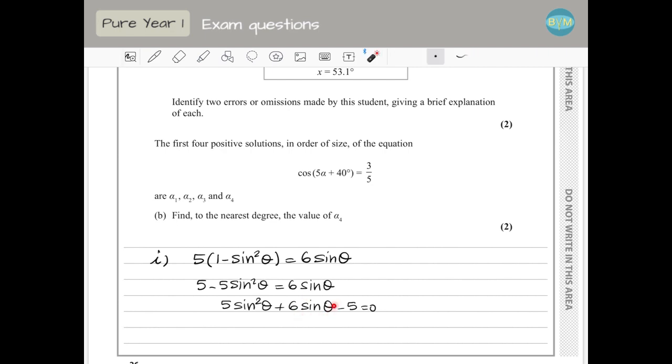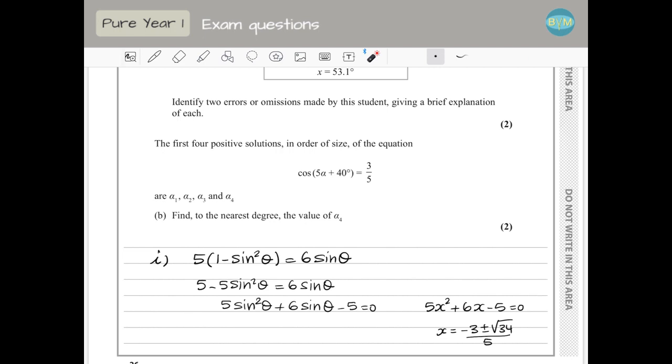This is something and something squared, so I can work with it as solving a quadratic. So 5x squared plus 6x minus 5 equals 0. If you try to factorize, it's not easy to factorize, so you have to use the quadratic formula. And you get minus 3 plus or minus root 34 divided by 5.